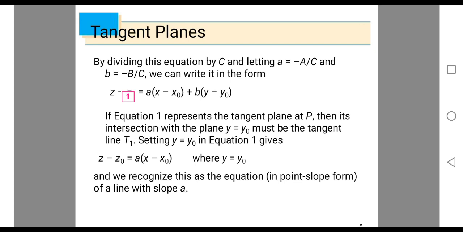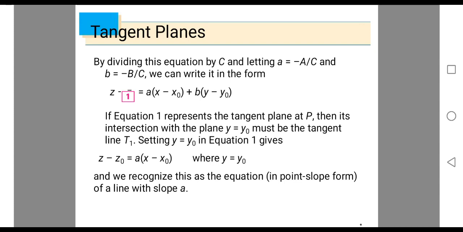If equation 1 represents the tangent plane at P, we remember P had the components x naught, y naught, and z naught, 3 components.